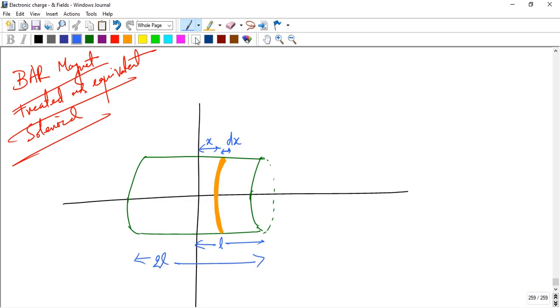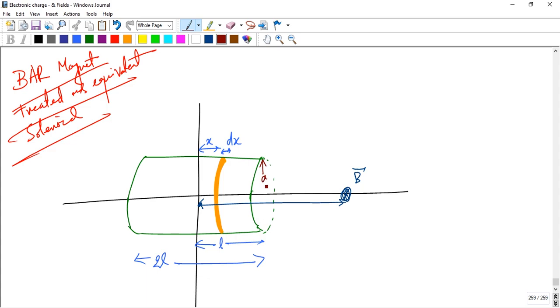And the distance R from here, suppose the magnetic field B is calculated here. That's the radius of the conductor.